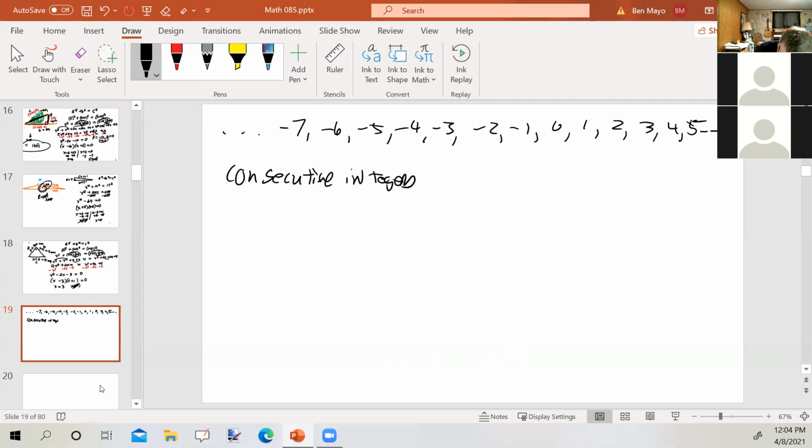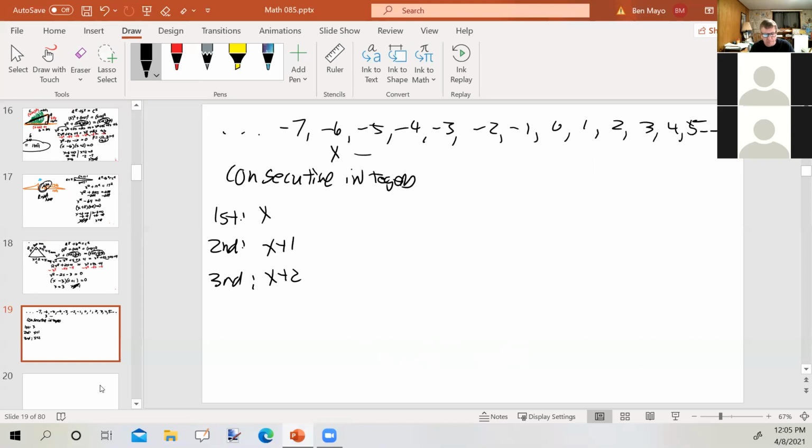Let's say that I started with this one and called it x. So the first consecutive integer would be x. What would the next consecutive integer be? Wouldn't it be one more? So it'd be x plus 1, and the third would be x plus 2, etc. So 3 consecutive integers would be x, x plus 1, x plus 2. Does that make sense?